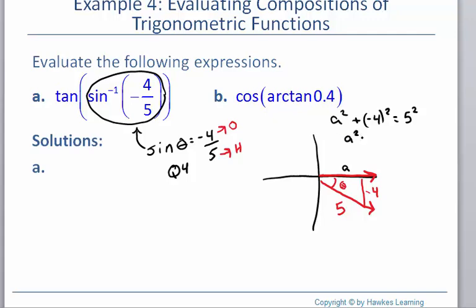So we have A squared plus 16 is equal to 25. Subtracting 16 from both sides gives A squared is equal to 9. Taking the square root of both sides, we have A is equal to 3. So I can go ahead and label this side as 3. Again, it's going to be positive because we're moving in a positive direction.